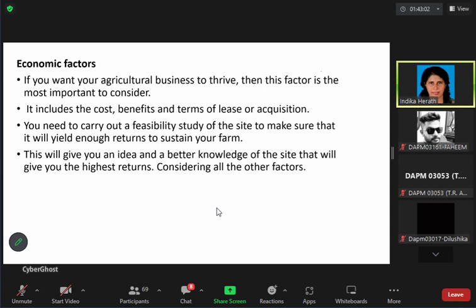Those who are making investments are looking at aspects like economic and social factors, so that they will not be losing their money which is being used for the investment, right?